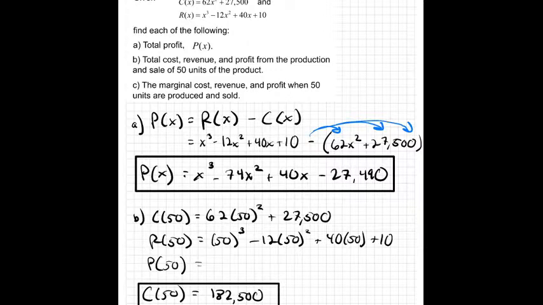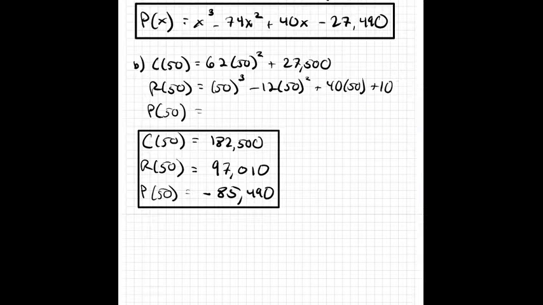So then C prime, when we produce and sell 50 units, is it the 51st? Minus, it's basically like Y2 minus Y1.